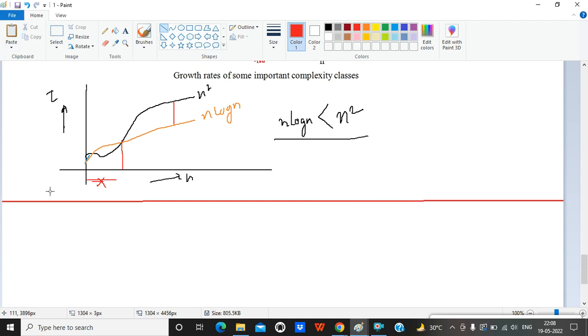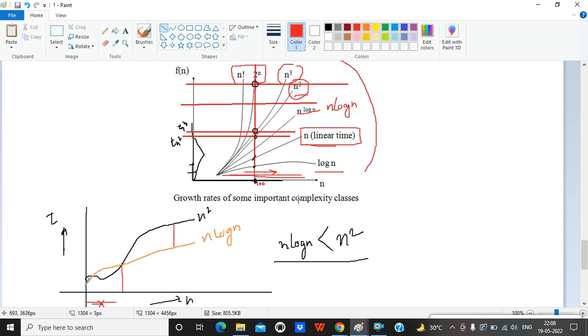That's why I am stopping here, because this type of converting an algorithm to a mathematical function should be completely new to you people. So I'm stopping here. Next day we will start from here and we will move forward to make the big O notations. Okay, then thank you and good night.